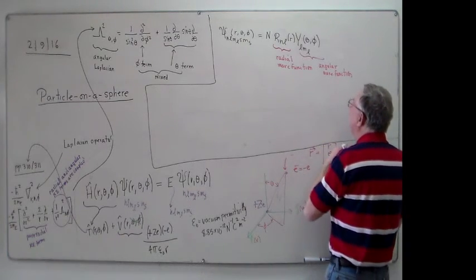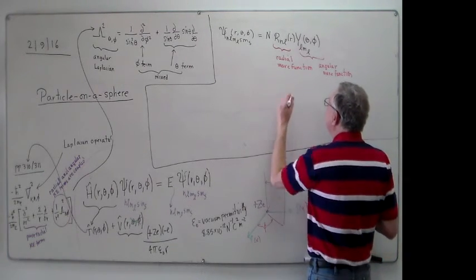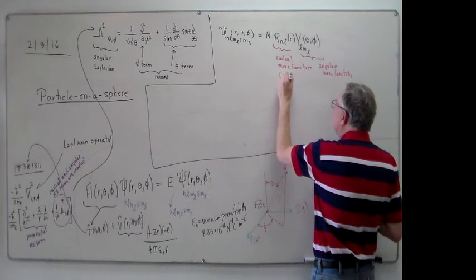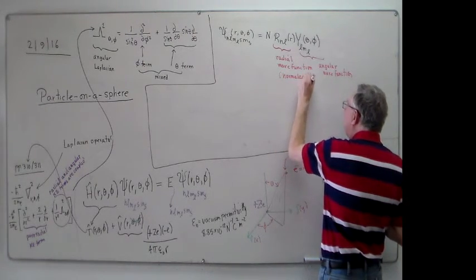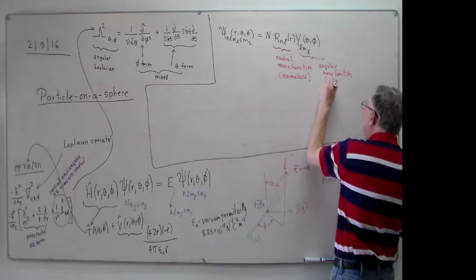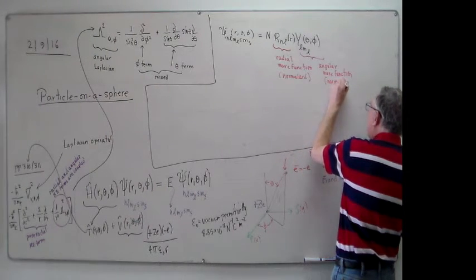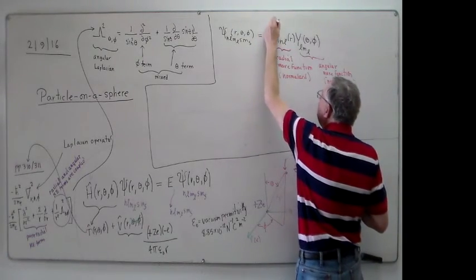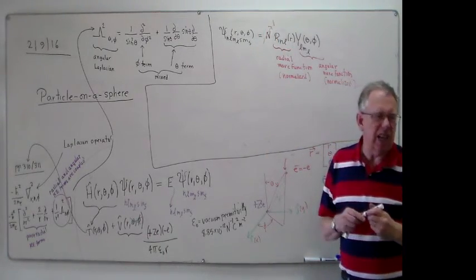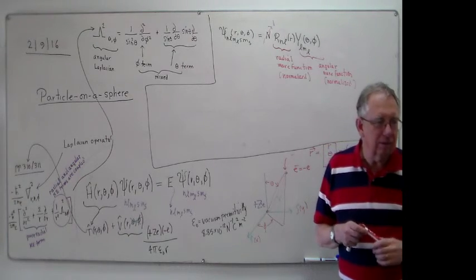Usually, these are separately normalized. So if you normalize it radially and you normalize it angularly, the normalization constant here just goes to 1. So that's usually the way we do it. You normalize them both.